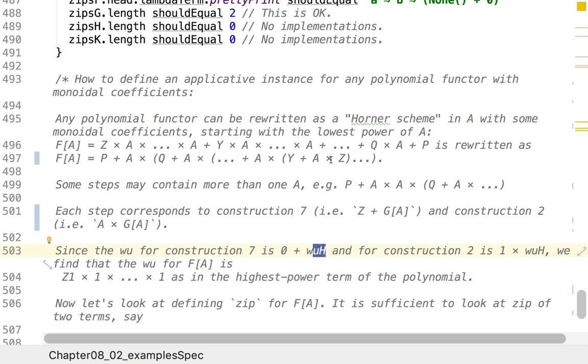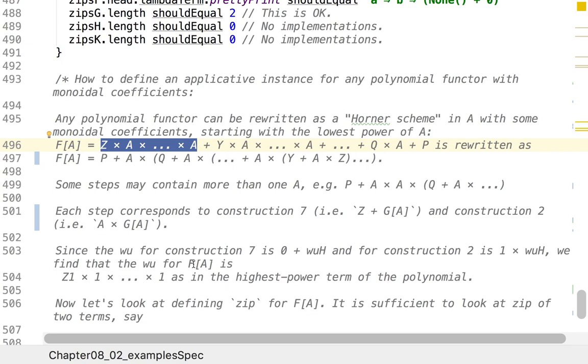In other words, every time in construction 7, you discard this, then you keep a, you discard this, you keep a, discard that, keep a, discard that, keep a, and finally you're here. So you have discarded everything but z, a, a, a, a. In other words, everything but the term of the highest power of the polynomial.